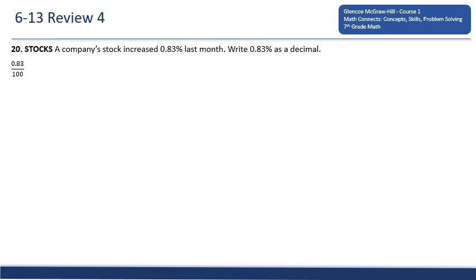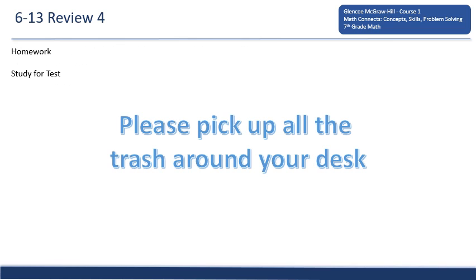So we have 0.83 over 100, which can also be written as 0.83 divided by 100. And if you do that on your calculator, 0.0083. The other thing you can do is when you divide by 100, you can just move the decimal point 2 places to the left. All right. Hope that makes sense.